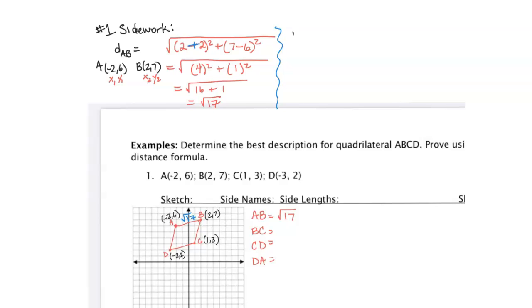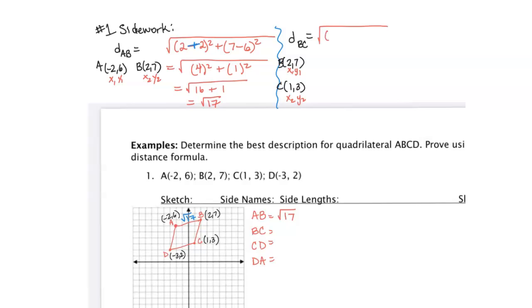Then we continue with our next calculation. We need the distance from B to C. Again, I like to write those points down. B was (2, 7). This is the point B. And the point C is (1, 3). So we have our x1, y1, x2, y2, and let's begin.